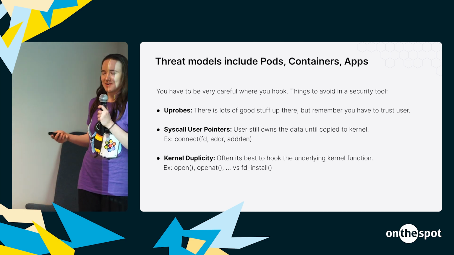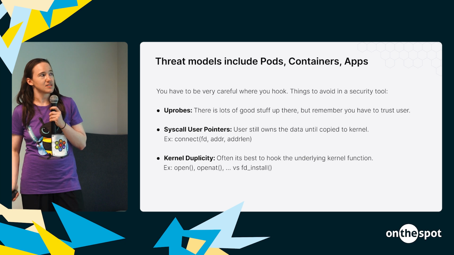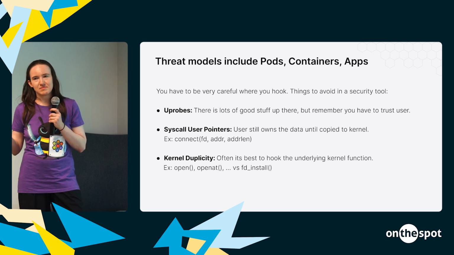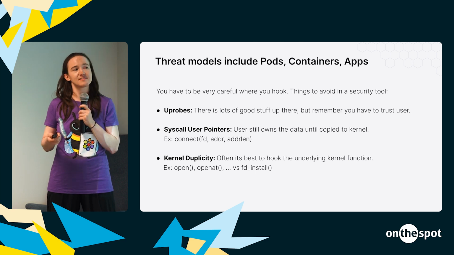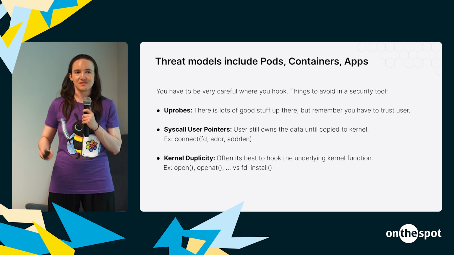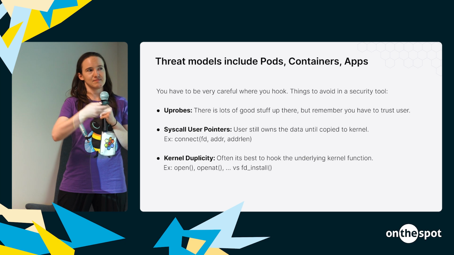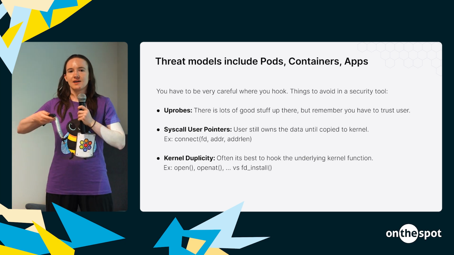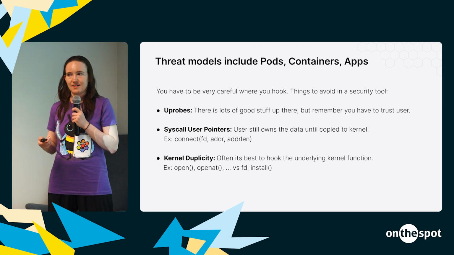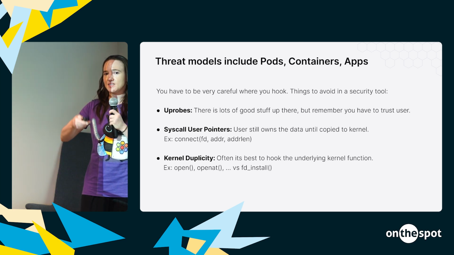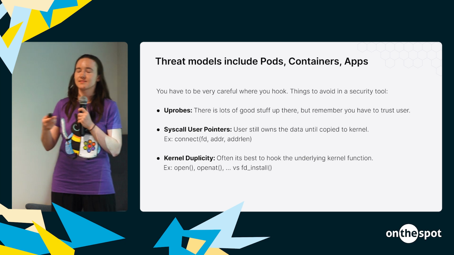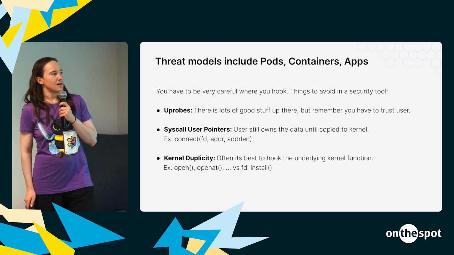Uprobes are great for observability, but from the security perspective, they are problematic because they are in user memory. You have to trust the user to not manipulate them. And when we are building a security tool, we don't trust user space. We are assuming that user space might be compromised and controlled by an attacker.